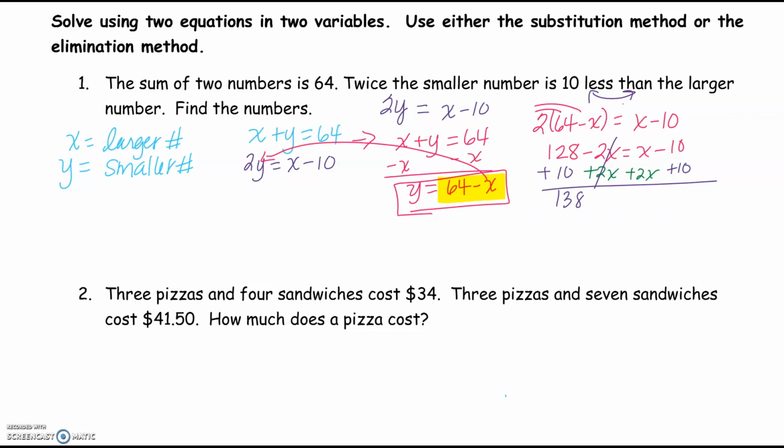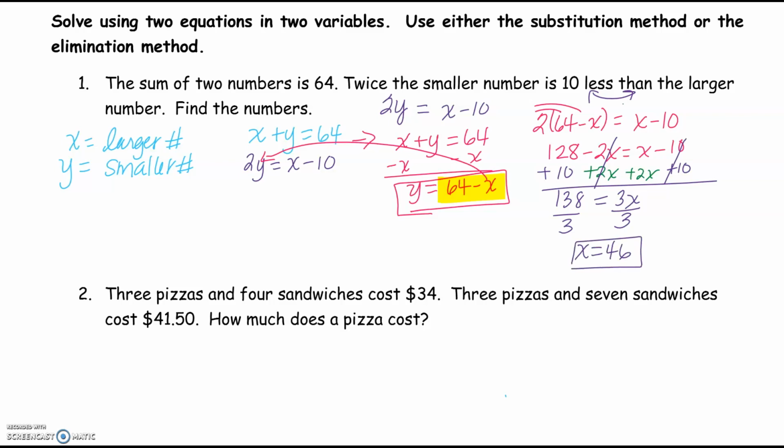Negative 2x plus 2x is eliminated. x plus 2x is 3x, and negative 10 plus 10 is also 0. I divide 138 by 3. It does go in evenly, and it is 46.